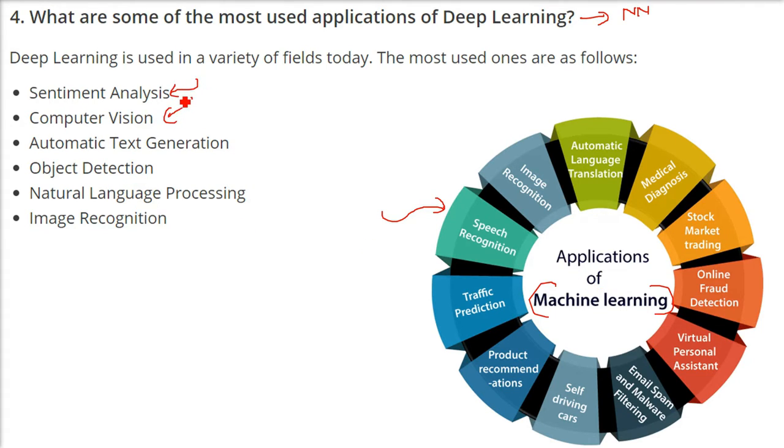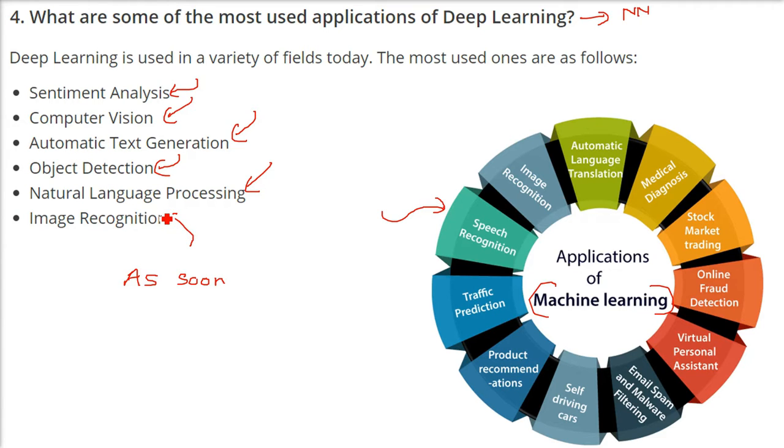But for deep learning: sentiment analysis, computer vision, automatic text generation, object detection to detect very precisely, natural language processing NLP. In Gmail, if you write as soon as, or even if you write as soon as possible, it will come automatically. That is natural language processing.